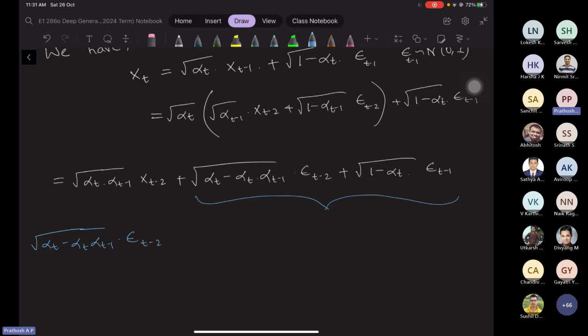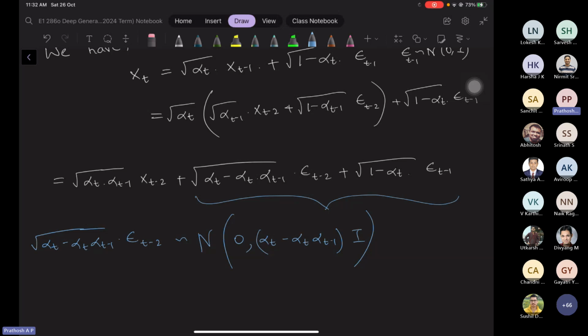So this we know is sampled from a Gaussian that has 0 mean and variance equal to alpha t minus alpha t into alpha t minus 1 times I. Do you agree? Why is this the case?